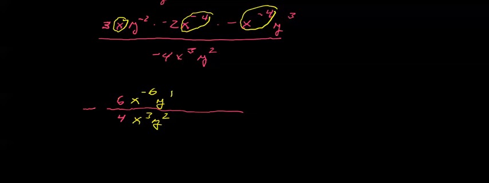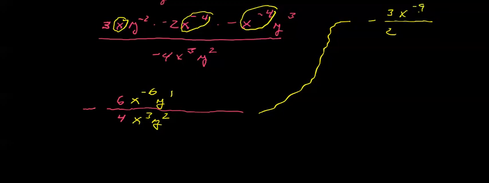Now, I'm going to reduce my fraction. I ran out of space here. So I have negative 3 over 2. Negative 6 minus 3 is negative 9. 1 minus 2 is negative 2.